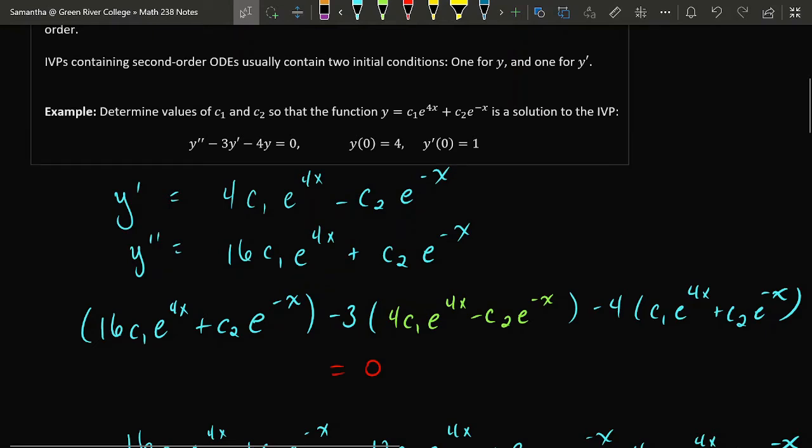So to determine the values of these constants, maybe I'll look to the other two requirements, that y of 0 has to be 4 and y prime of 0 has to be 1.